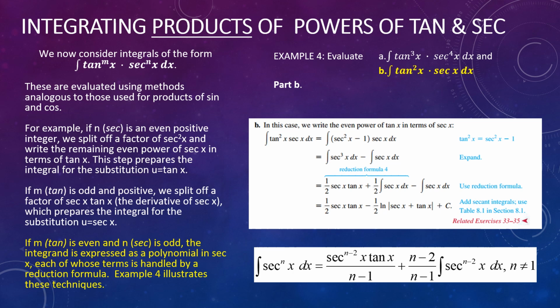And so we can easily solve these, the integrals of secant x, and that ends us with this final answer, which is 1/2 secant x tangent x minus 1/2 times the natural log of secant x plus tangent x plus c.